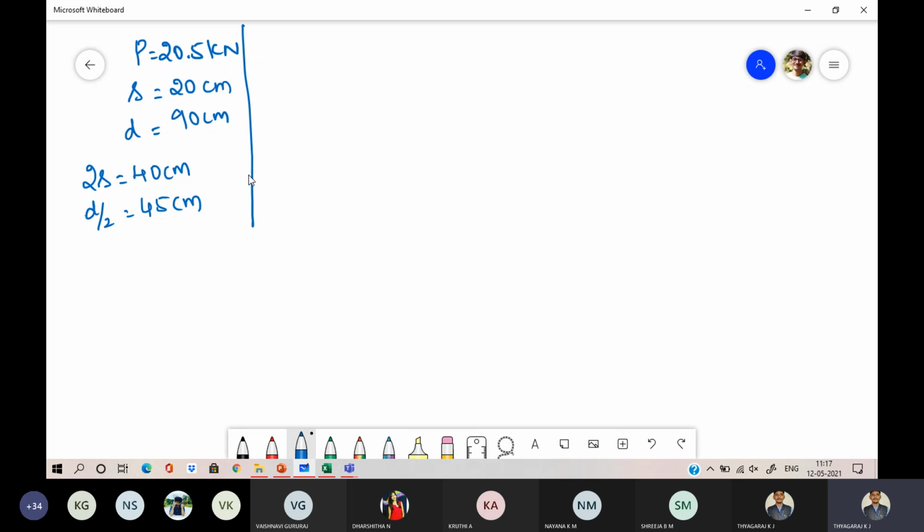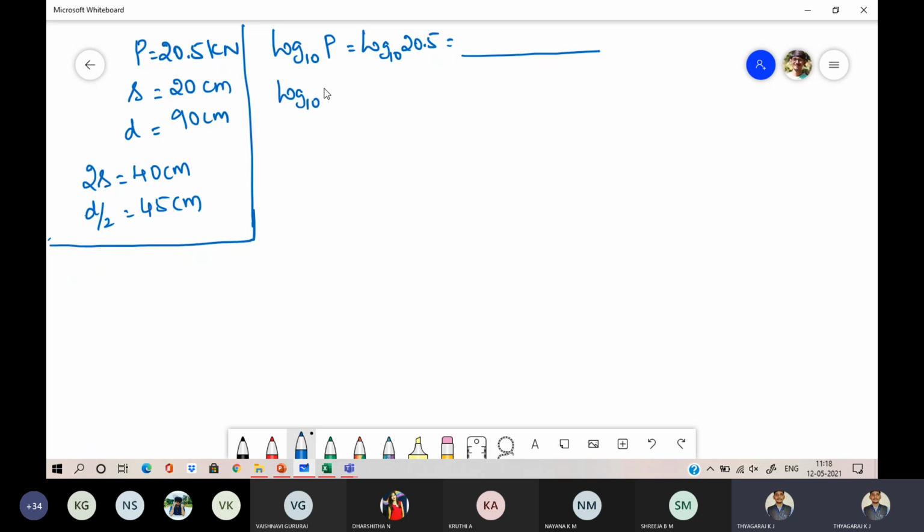Now, these are the normal values. First we will convert to log 10 of P, that is log 10 of 20.5. Calculate the value. Next, log 10 of 2P, it is log 10 of 41.